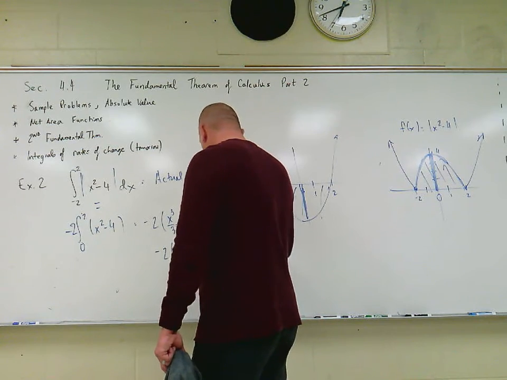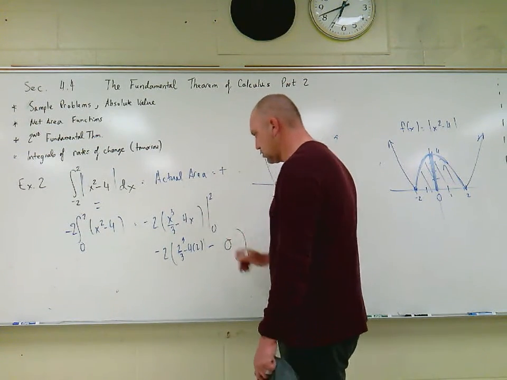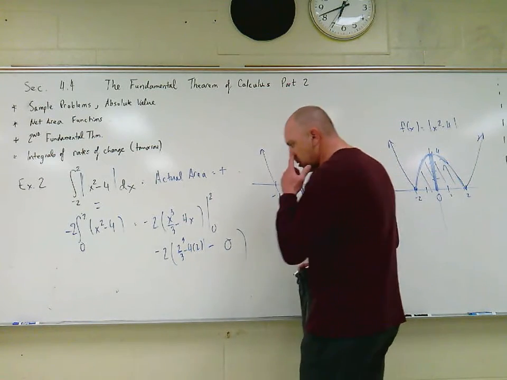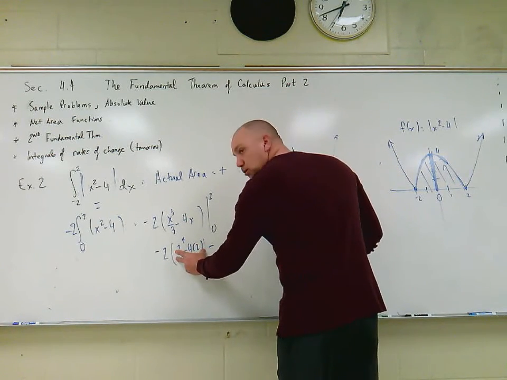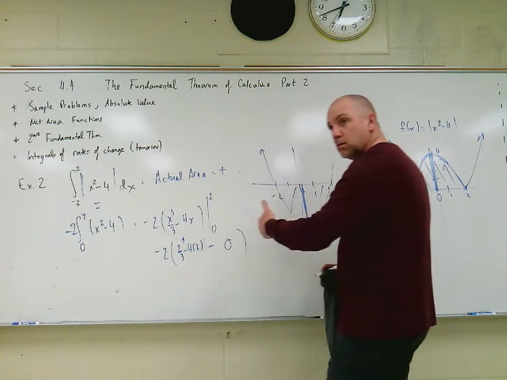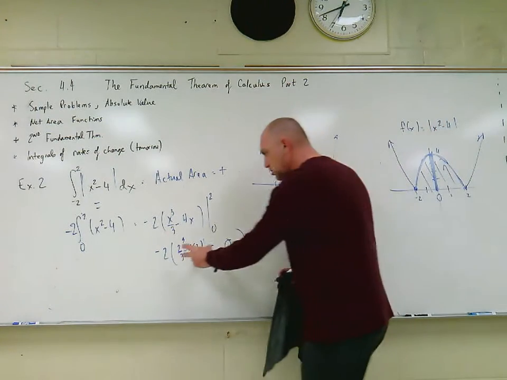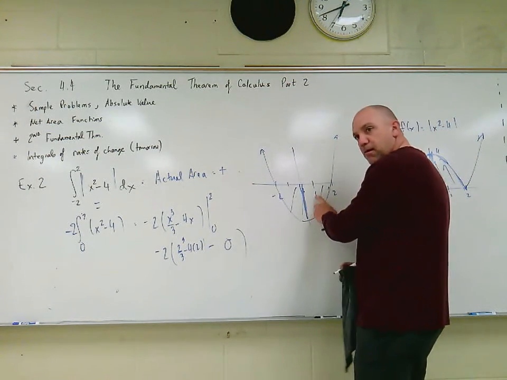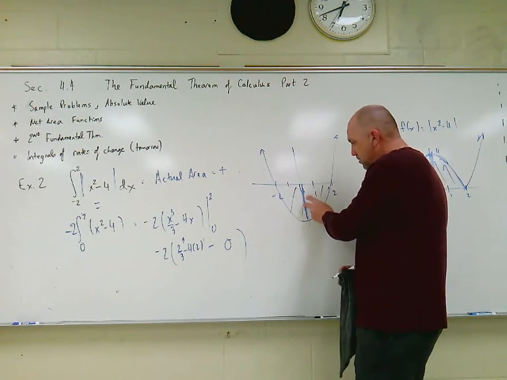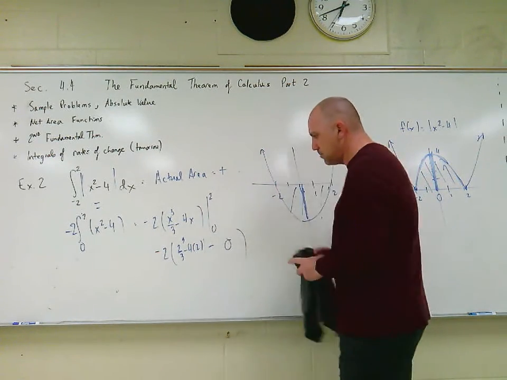And then minus, if I plug in a 0, it's all 0, so I just put a 0. So now all you're doing is, you'll see that this answer comes out negative, and then once you multiply by negative 2, it will give you this one, okay? So this should be this area here, net area, the half, negative. Double it and negate it, that gives you that, okay?